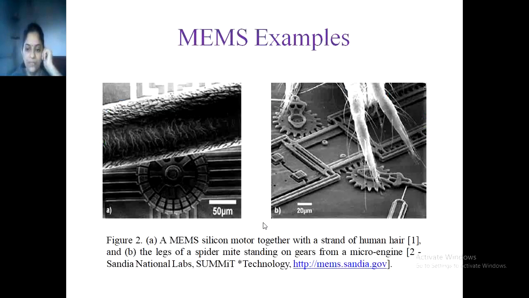So let us see some MEMS examples. In figure A, you see a silicon motor together with a strand of human hair, and its width is 50 micrometers. Then figure B shows the legs of a spider standing on gears from a micro engine.